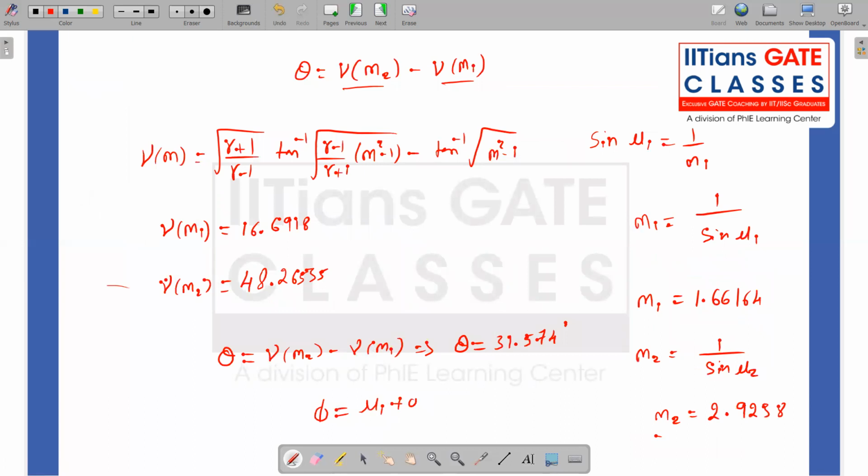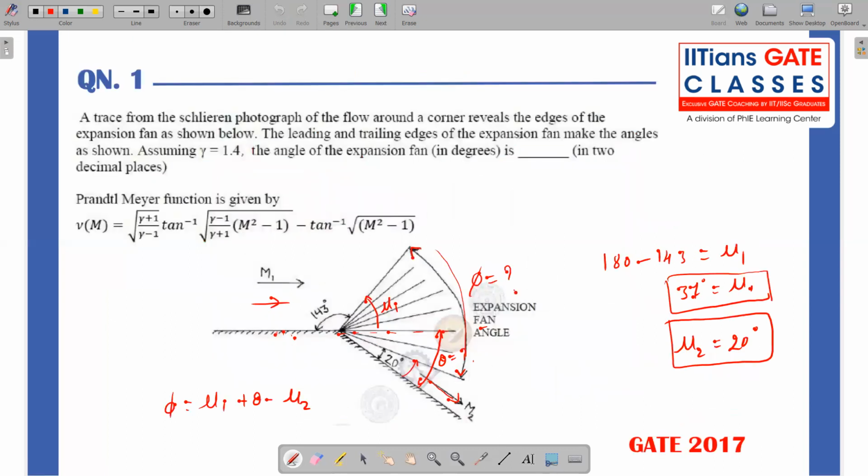Mu1 plus theta minus mu2. So theta is 31.574, mu1 is 37, so 37 plus 31.574 minus 20. You should get phi equal to 48.57. They asked you to put in 2 decimals, so I am keeping it in 2 decimals, 48.57 degrees. I can keep that as the answer.